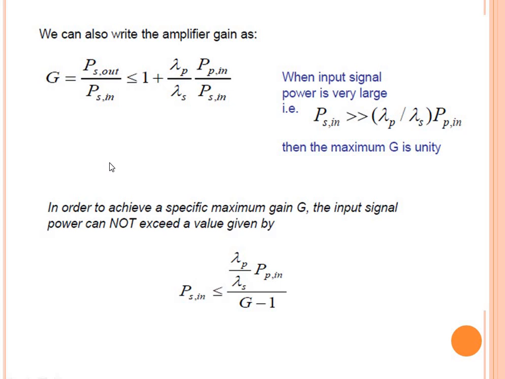From the previous equation, we also see that in order to achieve a specific maximum gain G, the input signal power cannot exceed a value given by this relation: the ratio of lambda p by lambda s into input pump power divided by G minus 1.